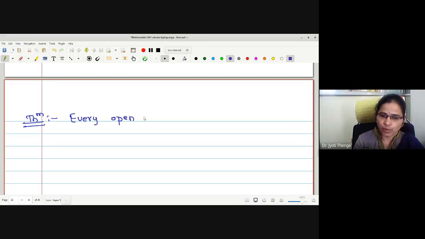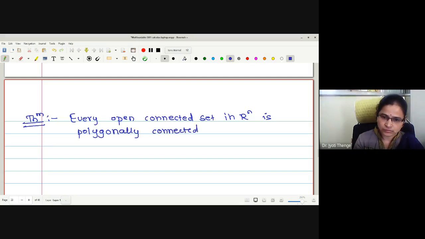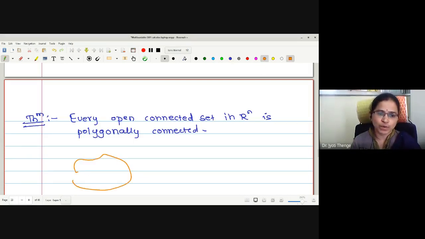Every open connected set in R^n is polygonally connected. Let us try to understand what polygonally connected means. Suppose this is an open subset S in R^n. Polygonally connected means whenever we take any two points in the given set, the two points are joined by a polygonal arc.